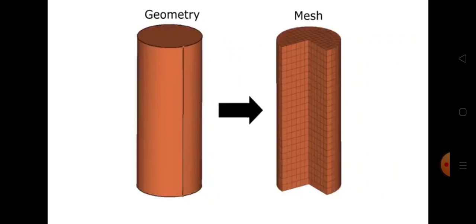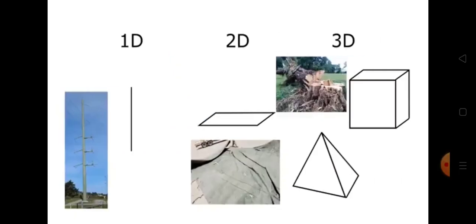There will be a basic geometry, and you need to mesh it into smaller elements. After that you need to analyze. This is the basic concept of FEA, that is finite element analysis. You can solve a finite element analysis problem in three different ways: one dimensional, two dimensional and three dimensional.